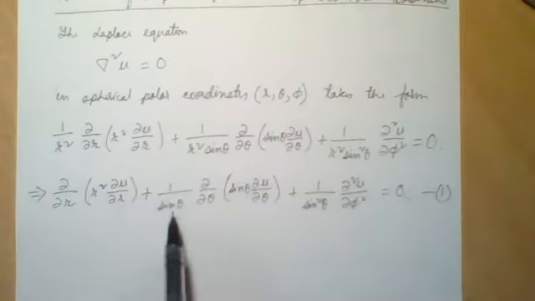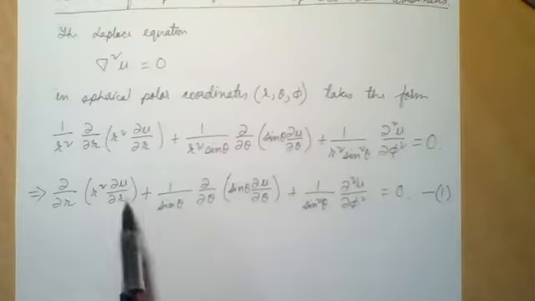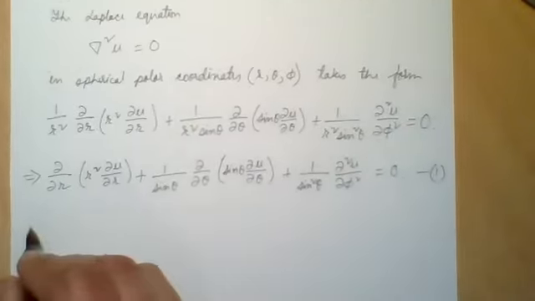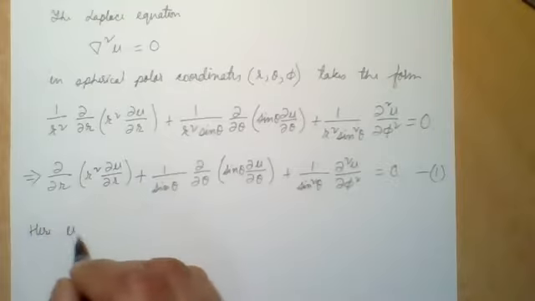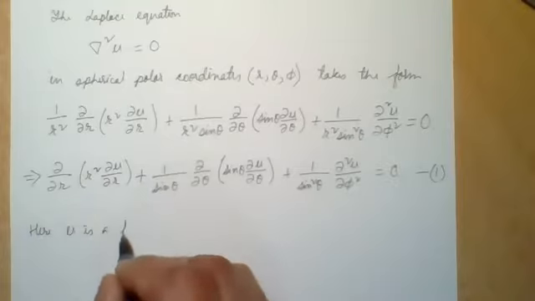From this expression, we can see that here u is a function of r, theta, and phi.